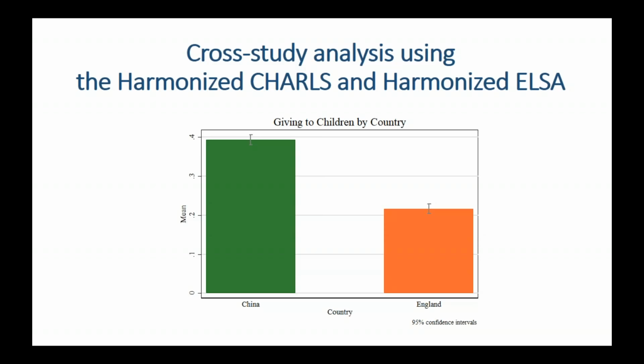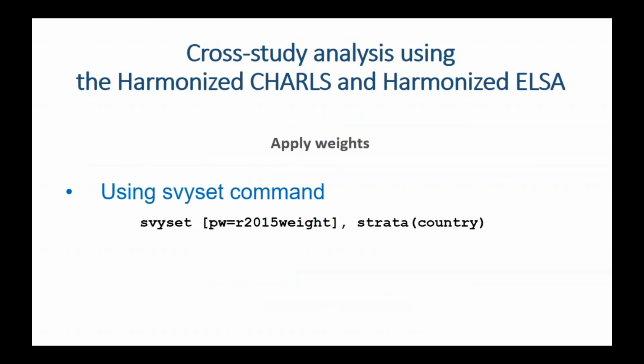We just had a question by Human, and the question was, one, how to understand the weights between China and America. So I think that I just showed here in this svyset command. Each weight means something. How the weights are derived by the studies themselves is somewhat different.